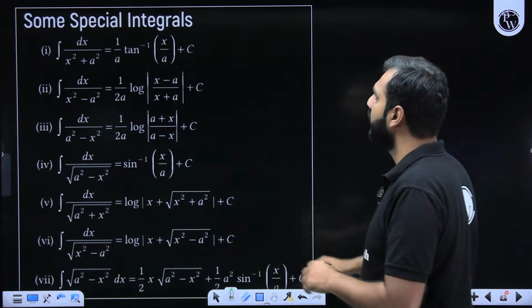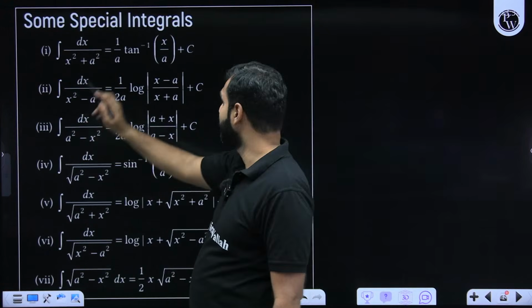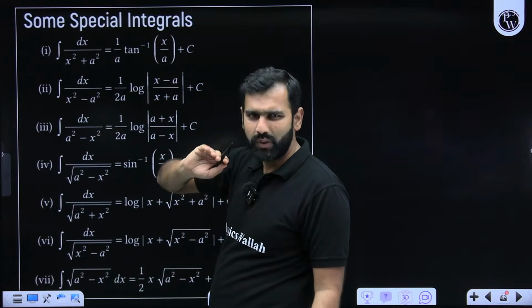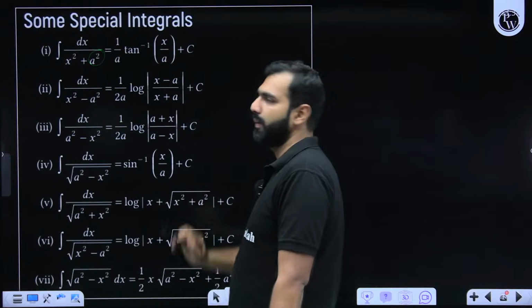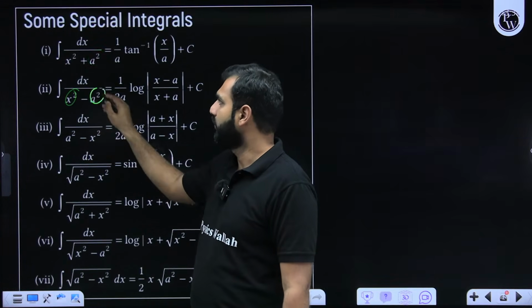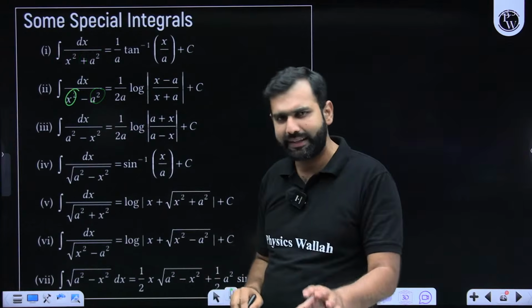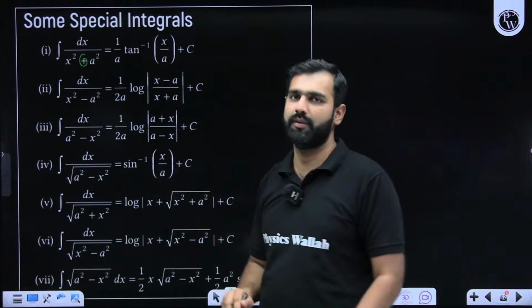So this one I hope you know, 1 upon 1 plus x square, when integrated, gives you tan inverse x. So here the only change is 1 upon x square plus a square will be 1 by a tan inverse x by a. The second one, 1 upon x square minus a square. So instead of plus, it is minus. In that case, the only thing which will come into picture is 1 upon 2a log mod of (x minus a) upon (x plus a).